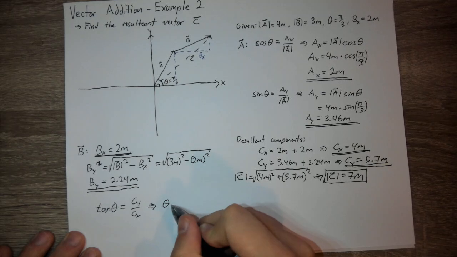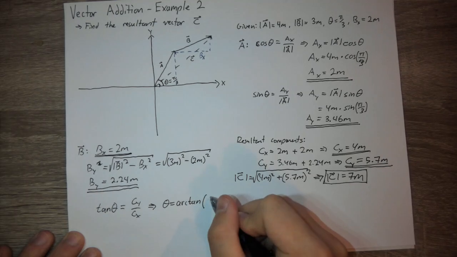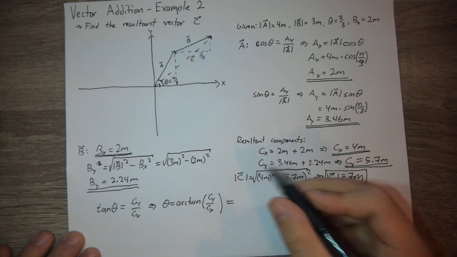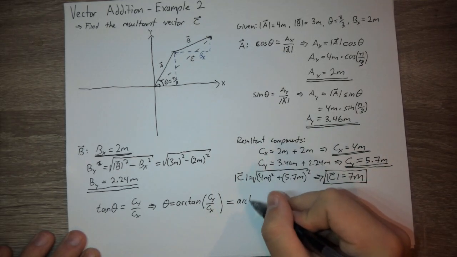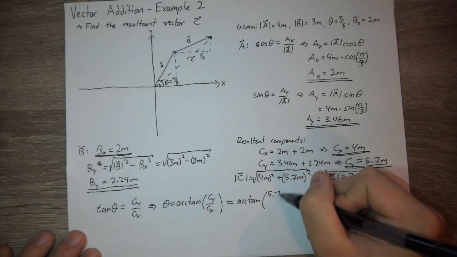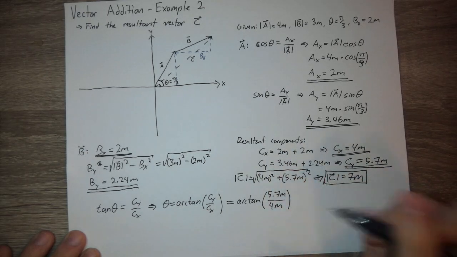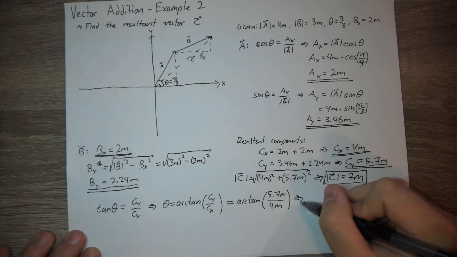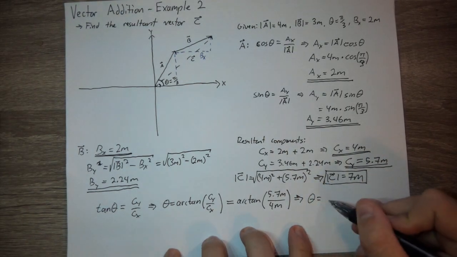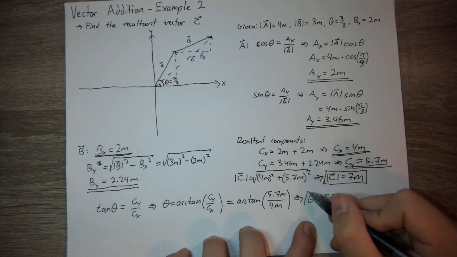If we use our inverse tangent function, arctangent of Cy over Cx, that is arctangent of 5.7 meters divided by 4 meters, which works out to, rounded, 55 degrees.